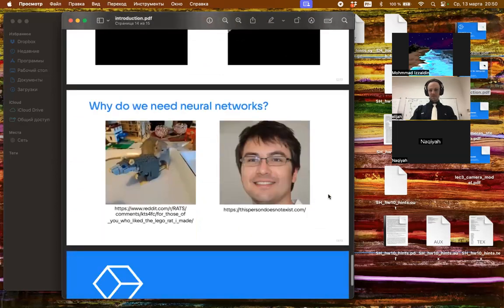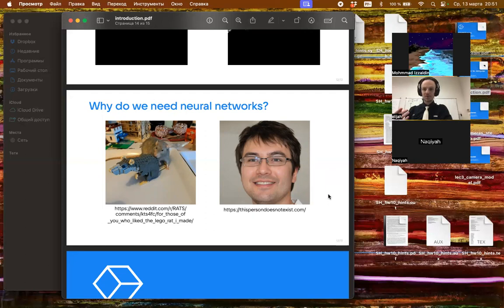And the last slide is about the neural networks and the things that we cannot really do without them. We cannot dig infinitely deep into the little features of the objects. And if, say, this Lego rat is very close to the real rat, we'll be exhausted trying to formulate criteria to distinguish between them.